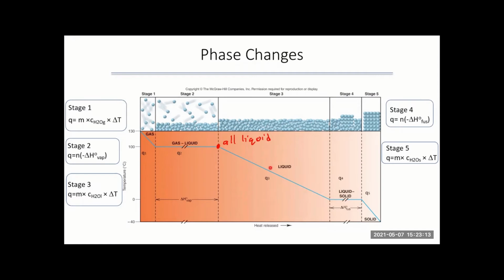This is stage 3, when our liquid starts to cool. So stage 3, when our liquid cools, the heat loss is again the mass times specific heat of water as a liquid now times the change in temperature. That'd be going from 100 down to 0. So all of that would be our Q3 here when we're going from the boiling point down to the freezing point.